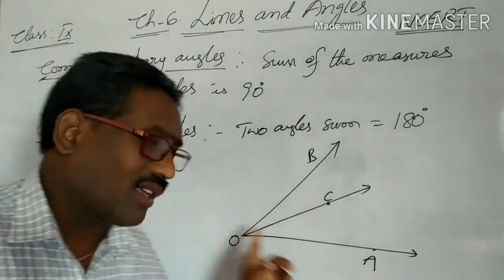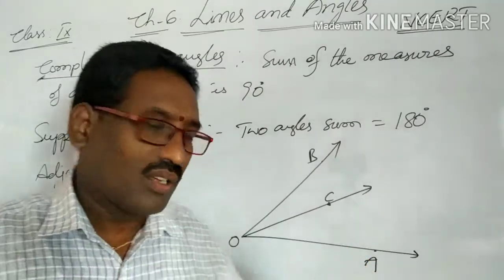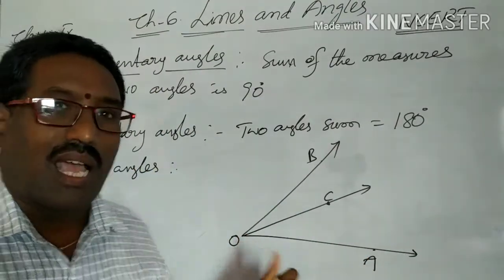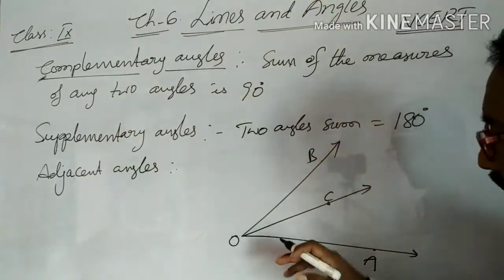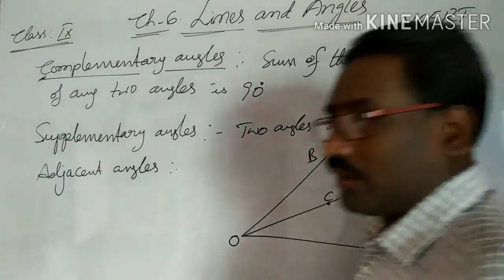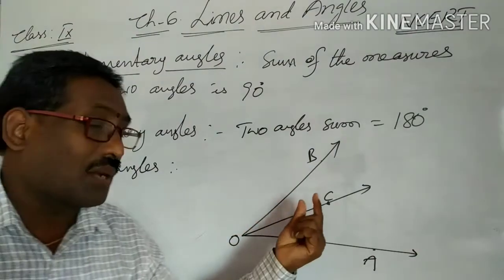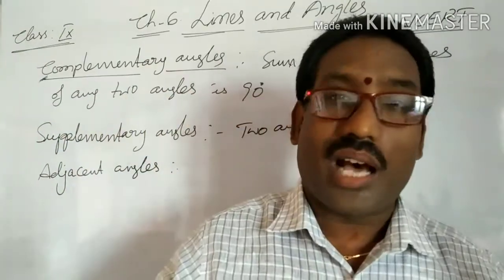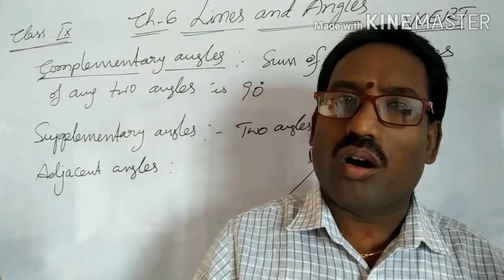If two angles are adjacent, they must have a common vertex and a common arm. That common arm should be in the middle of the remaining two arms.